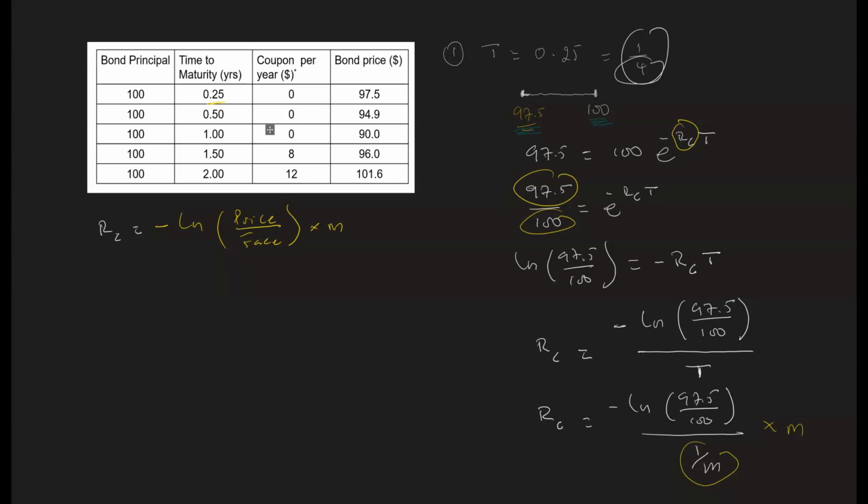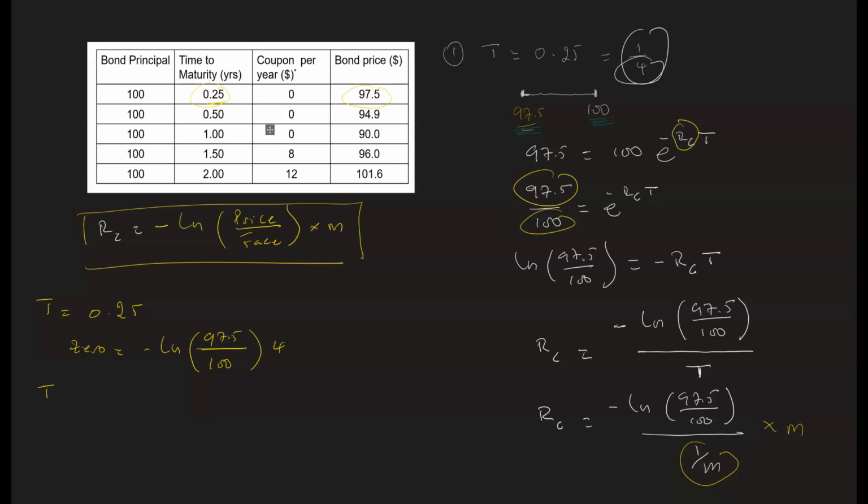So for t equal to 0.25, the zero rate is equal to minus the log of 97.5 divided by 100, multiplied by 4, because that's the quarter.